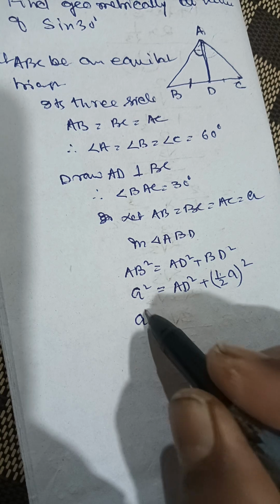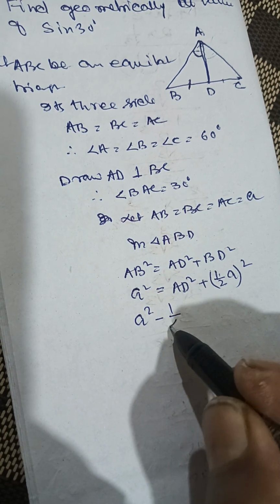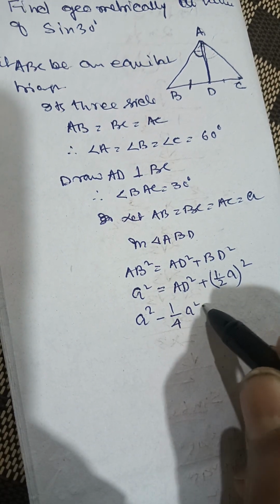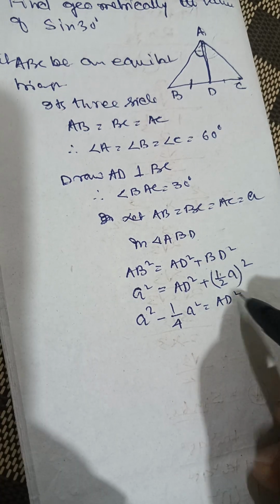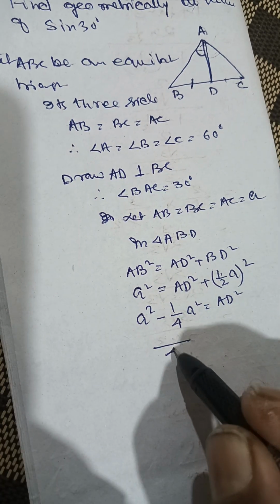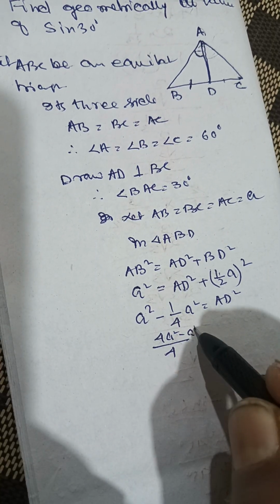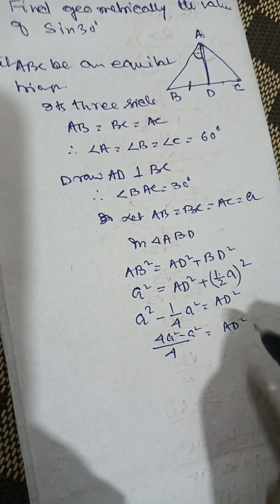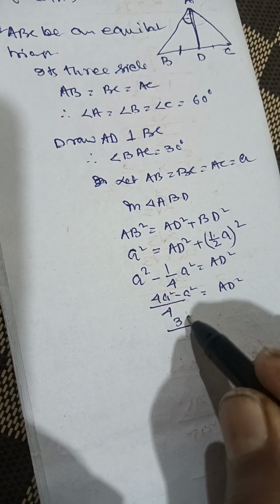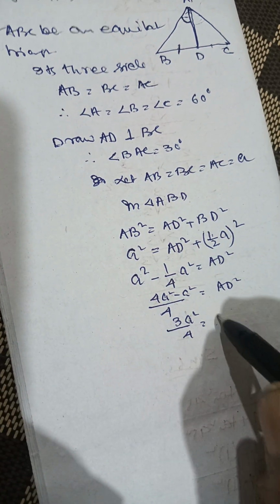Therefore, you can write A square minus 1 by 4 A square equal to AD square. Now you take LCM 4. So it will be 4 A square minus A square equal to AD square. We can write 3 A square by 4 equal to AD square.